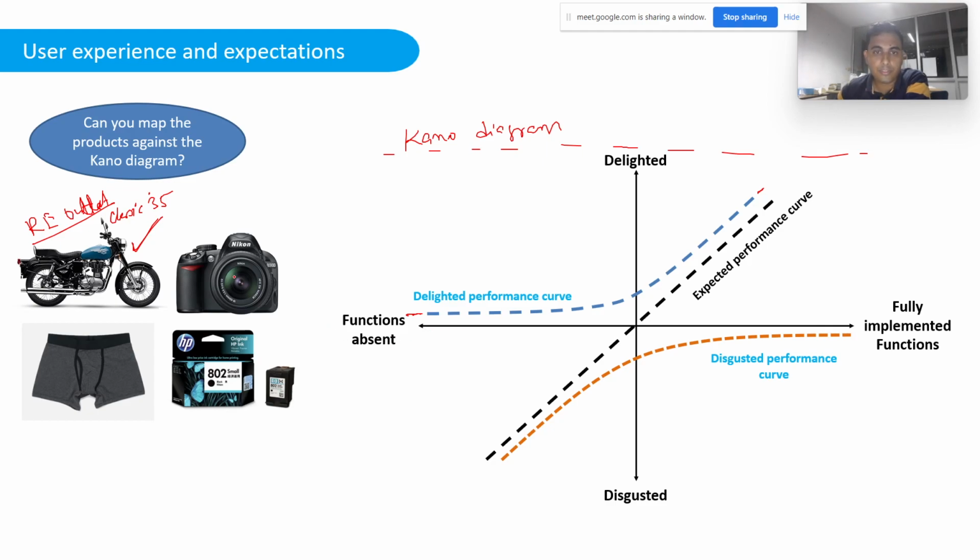Okay, so let me explain here. So these sort of products, which are classic in nature, there is some sort of pride in acquiring such a bike in your portfolio of bikes. If you have a lot of bikes, then it's really something unique, prestigious, a collectible.